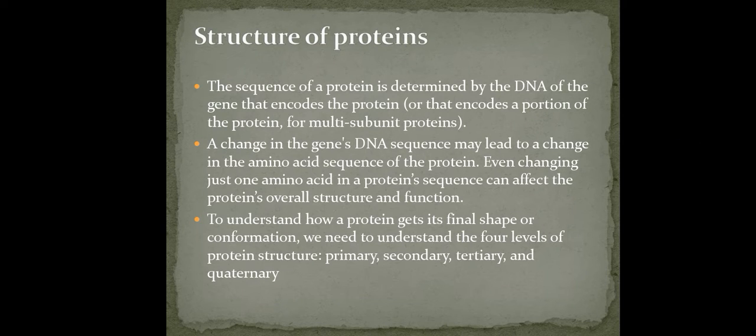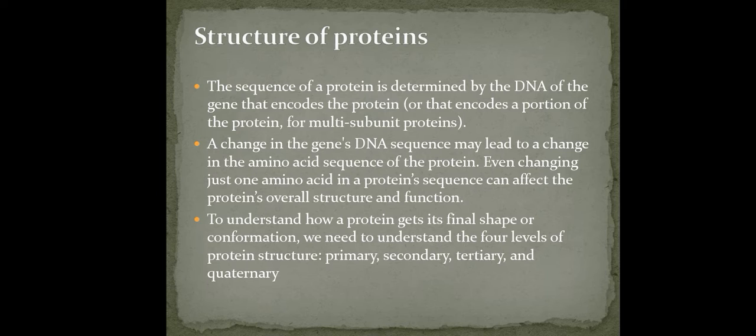The next slide is the structure of protein. The sequence of a protein is determined by the DNA of the gene that encodes the protein, or that encodes a portion of the protein for multi-subunit proteins. A change in a gene, basically a genetic DNA sequence change, may lead to a change in the amino acid sequence of proteins.